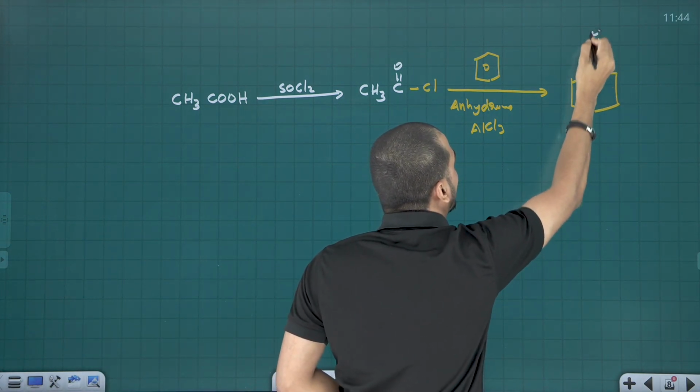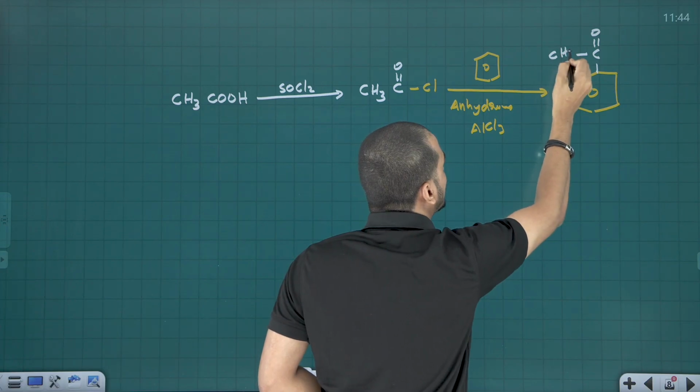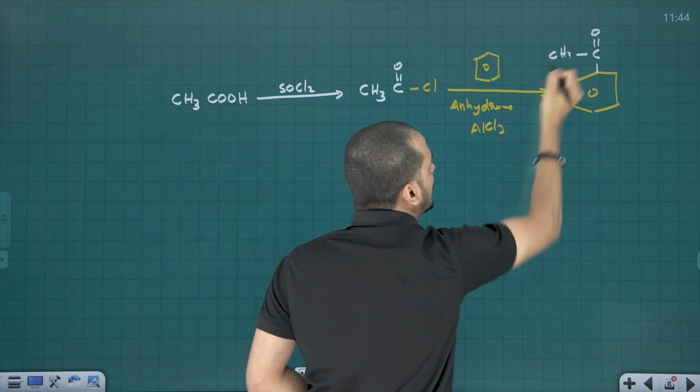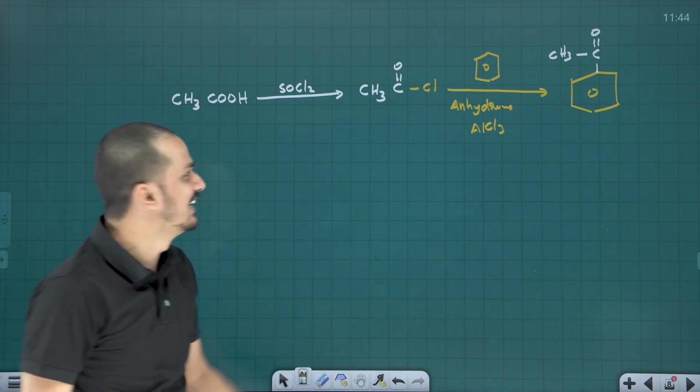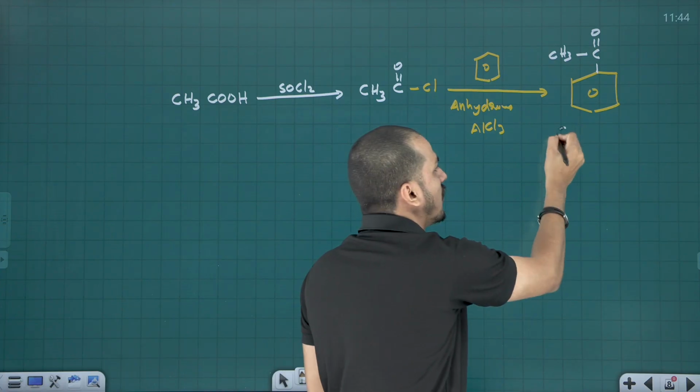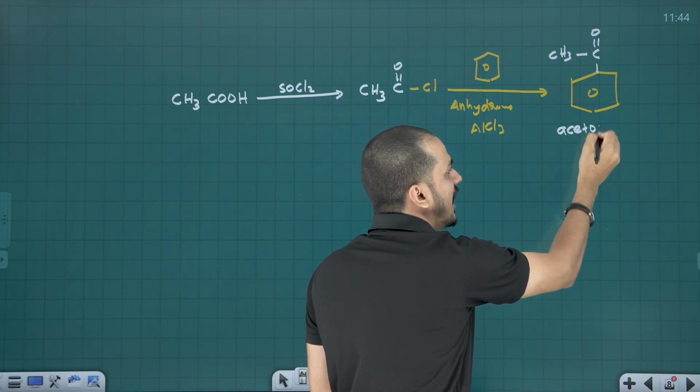I hope you are getting it. Yes, the C double bond OCH3 group is coming on the benzene ring. So this is actually acetophenone. Acetophenone it is.